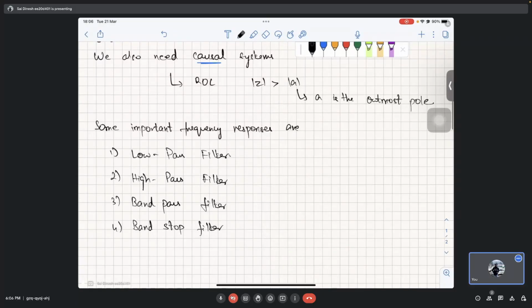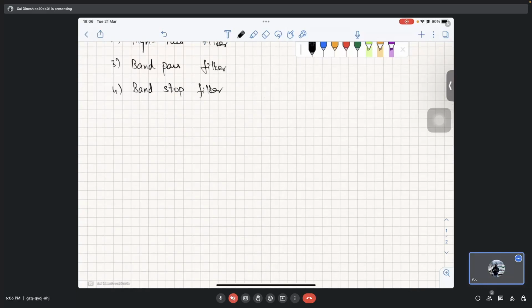Now, stable means that mod z equal to 1 belongs to the ROC, right? So here z will be some r equal to 1, e power j omega, belongs to the ROC.